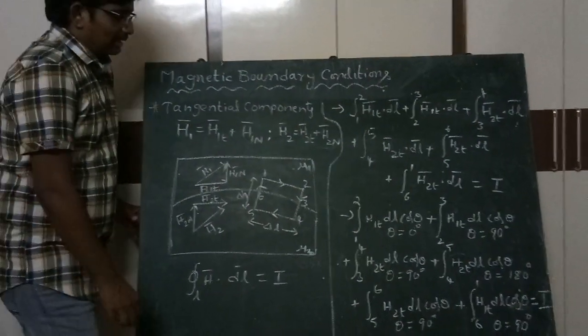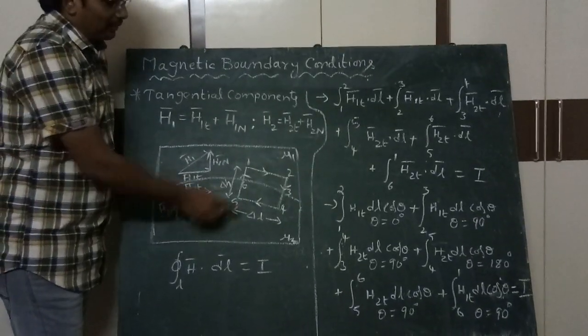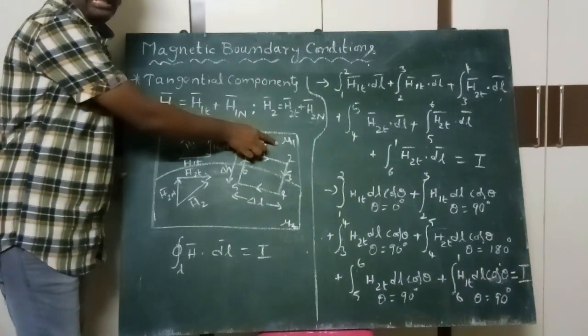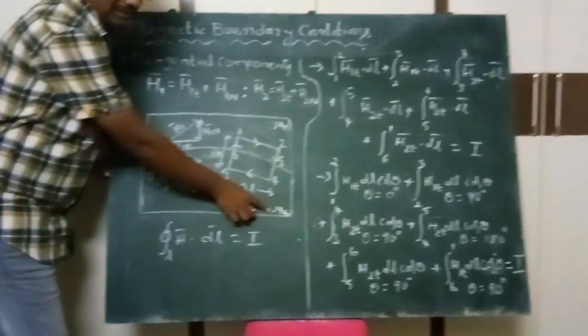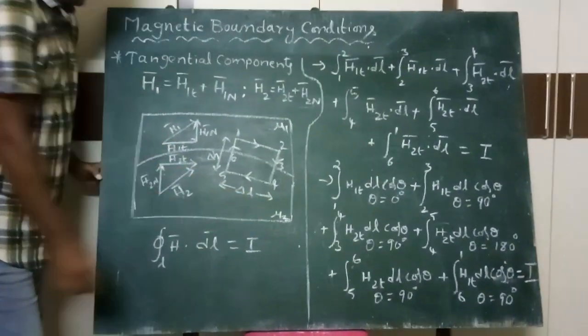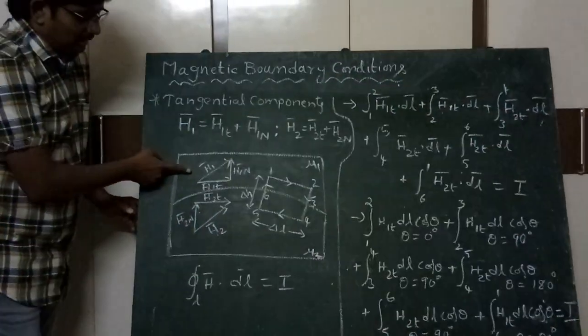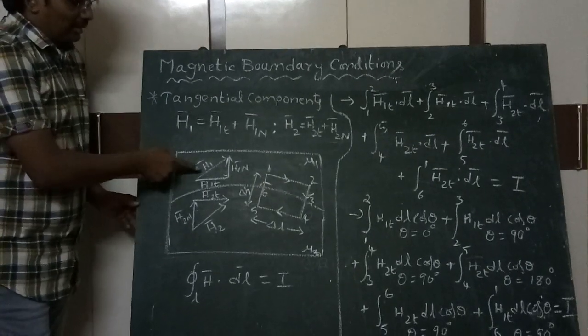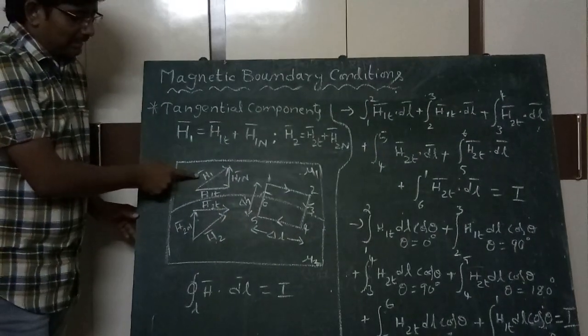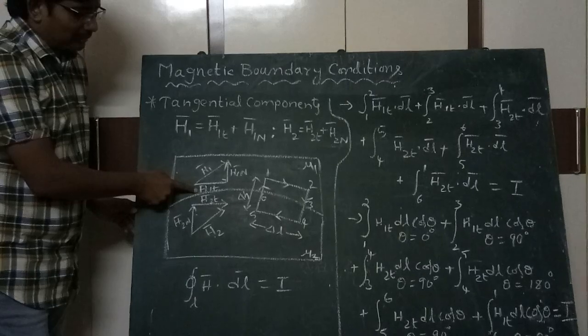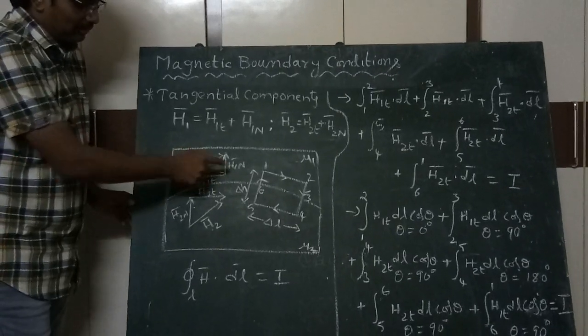So, let us consider two different magnetic materials. One has permeability mu1 and the other has permeability mu2. In the first magnetic material, the magnetic field intensity is H1 bar and it is divided into two components, H1T bar and H1N bar.